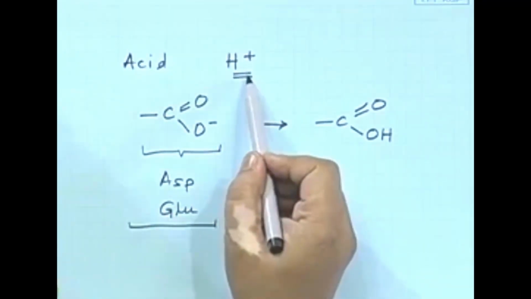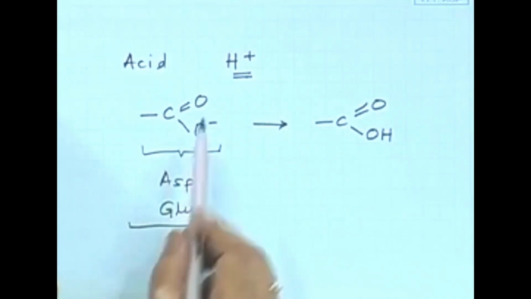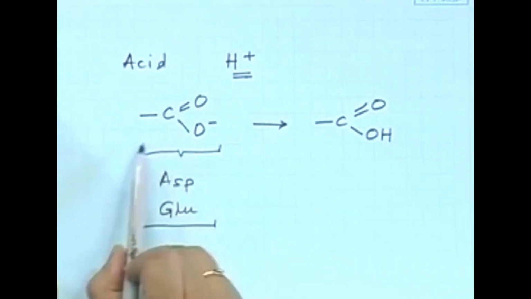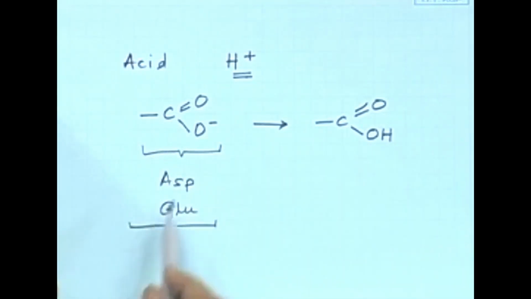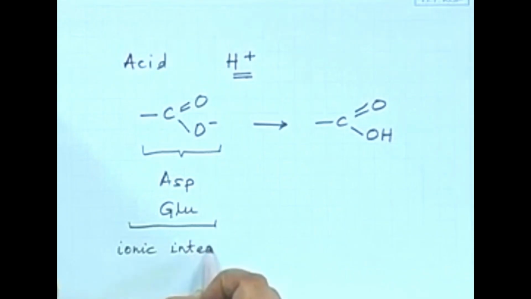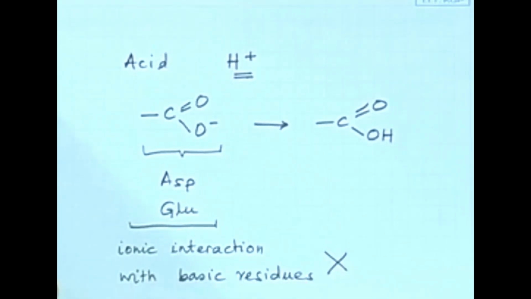Any acidic group that had the free carboxylic group in its ionized form would get protonated, and the aspartic or glutamic acid that could form an ionic interaction with basic residues would no longer form it.